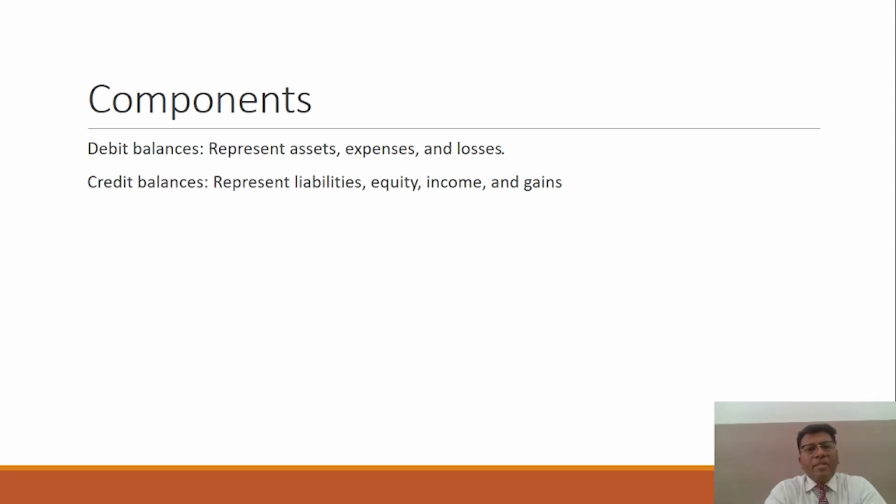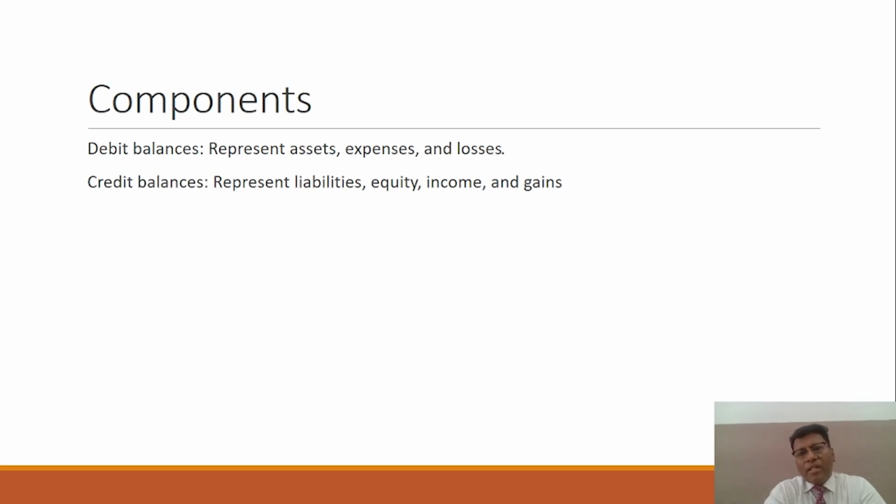Debit balances represent assets, expenses, and losses, because under the double entry system, as you write your books of accounting, you have to consider two aspects of any account. Every account is influenced by two sides, the debit and the credit.